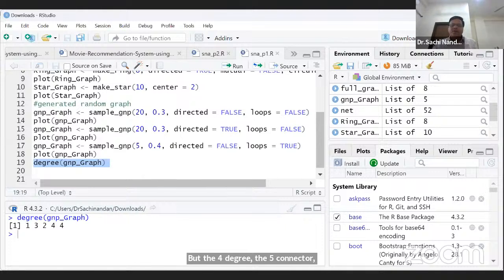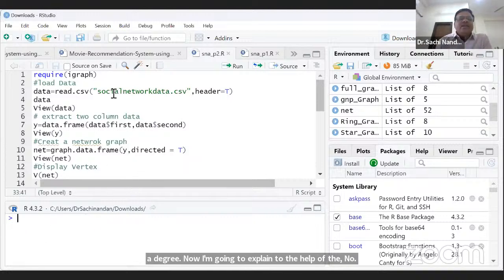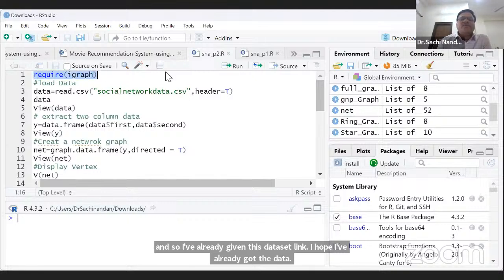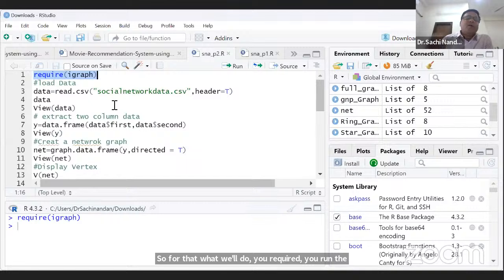Now I'm going to explain with the help of some program. I've already given the dataset link. I hope everybody got the data. You require the diagram, you run the program, and you load the data set. As of now, what I've discussed is not an actual data set.